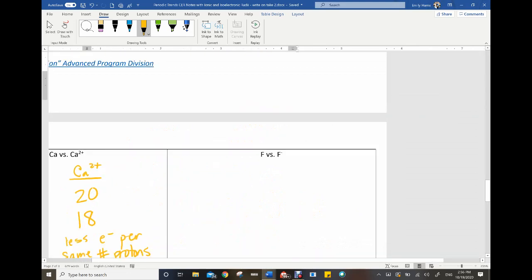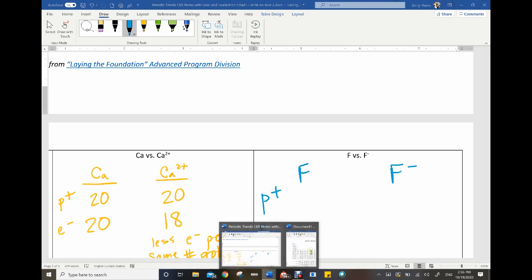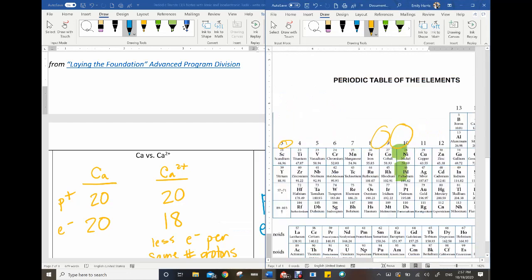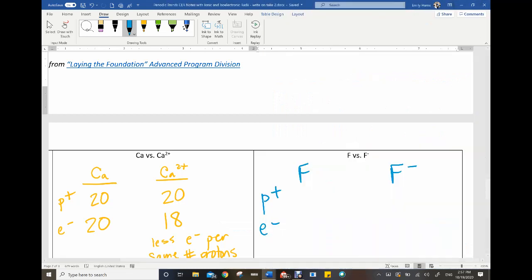Now, if we examine this trend in anions, the opposite effect will be true. Here we have fluorine and fluorine with a -1 charge. Again, the number of protons is going to be unchanged because these are both fluorine atoms. Fluorine, if we look at our periodic table, has an atomic number of 9, so 9 protons will be present in each.